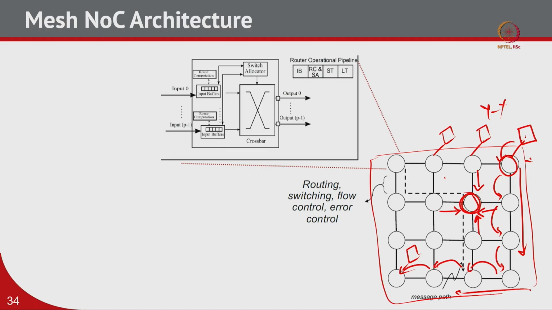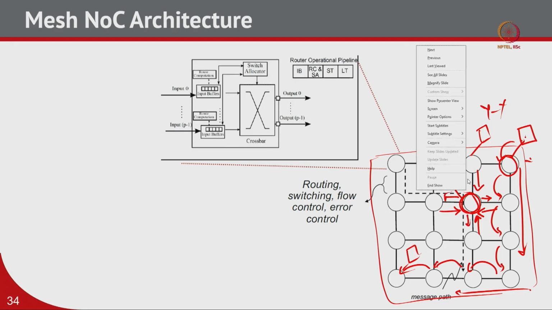Not only that, at the same time it can have data from the tile connected to this router. So it can have data from all 5 directions, and the data may also want to go to all 5 directions: east, south, west, north, as well as to the tile itself.